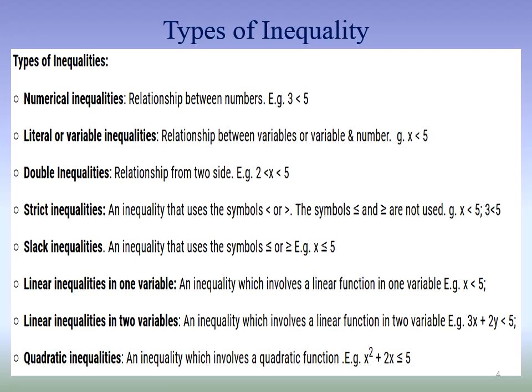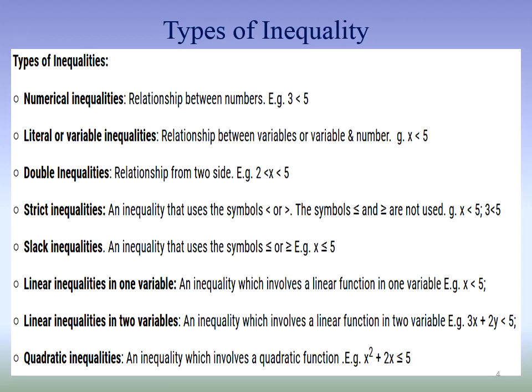Strict inequalities: an inequality that uses the symbol either less than or greater than. The symbols less than or equal to, or greater than or equal to, are not used. Example, x less than 5, 3 less than 5, etc. Slack inequalities: an inequality that uses the symbol less than or equal to, or greater than or equal to, like x less than or equal to 5.